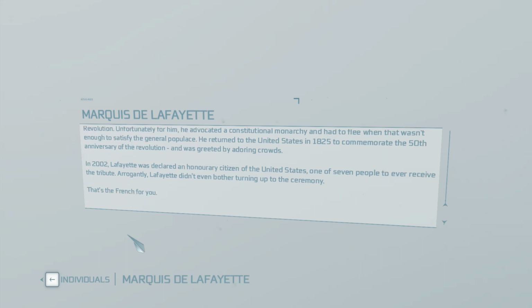In 2002, Lafayette was declared an honorary citizen of the United States, one of the 7 people who ever received that tribute. Arrogantly, Lafayette didn't even bother turning up for the ceremony. That's the French for ya.